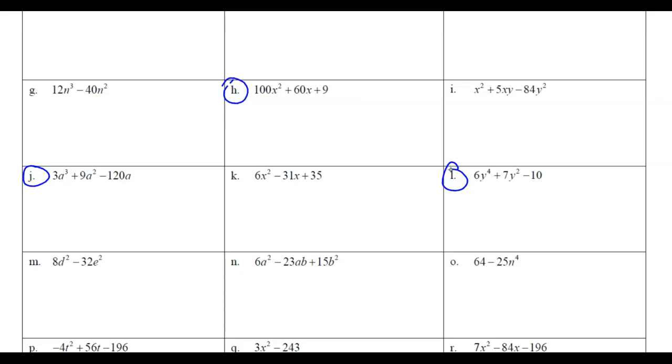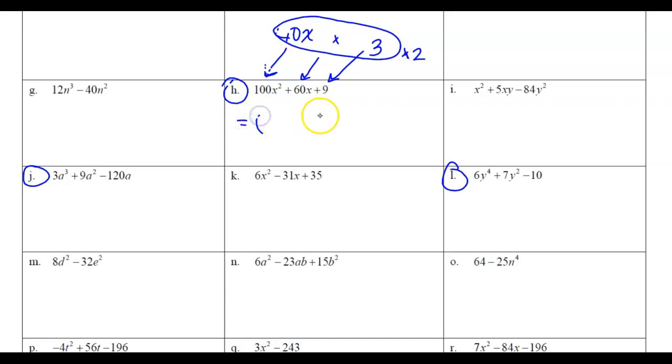So first one is a non-simple trinomial. What you want to notice, again, from Thursday's work is take a look. If the first term is a perfect square, right, that the square root of 100x squared is 10x. Square root of 9 is 3. Remember our fast way of checking, if the product of these together doubled is 60, right, times 2 is 60, then this is a perfect square trinomial.